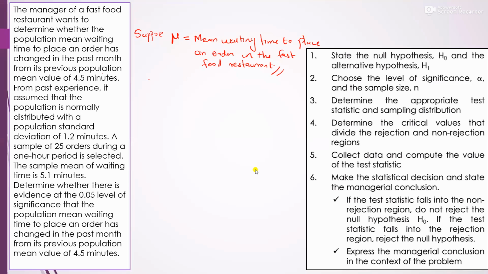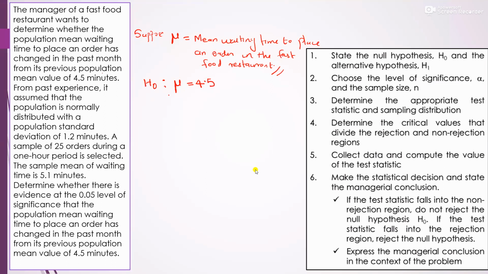Now follow step 1, H naught. This notation you can use; this is a standard one. So, colon mark. What is your H naught? Now we have to specify this H naught. The mean waiting time, they say, is 4.5. So we are taking the mean waiting time as mu, that is equal to 4.5.